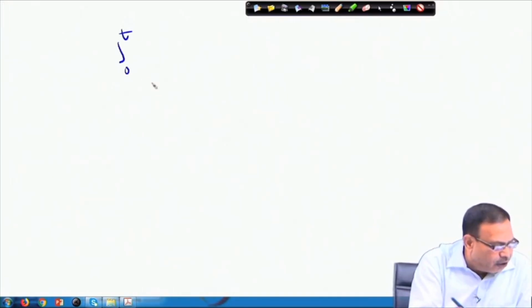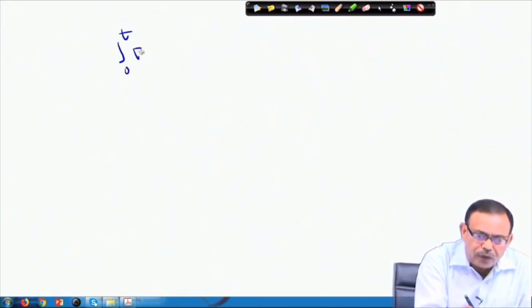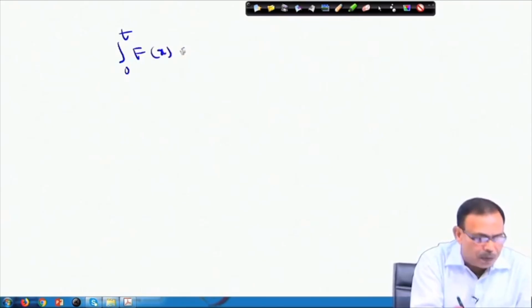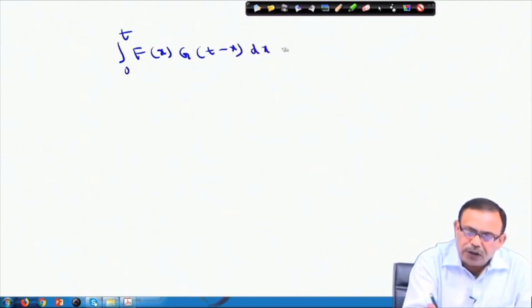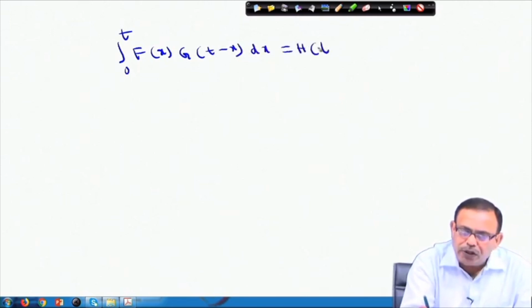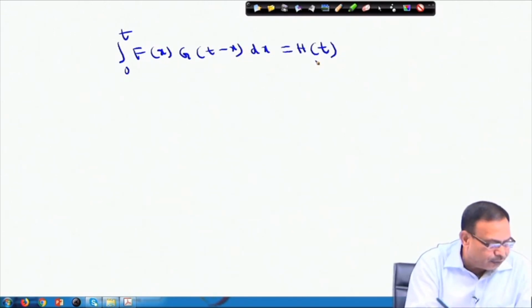Let us assume that the integral from 0 to t of f(x) g(t minus x) dx is equal to h(t). We are assuming this.